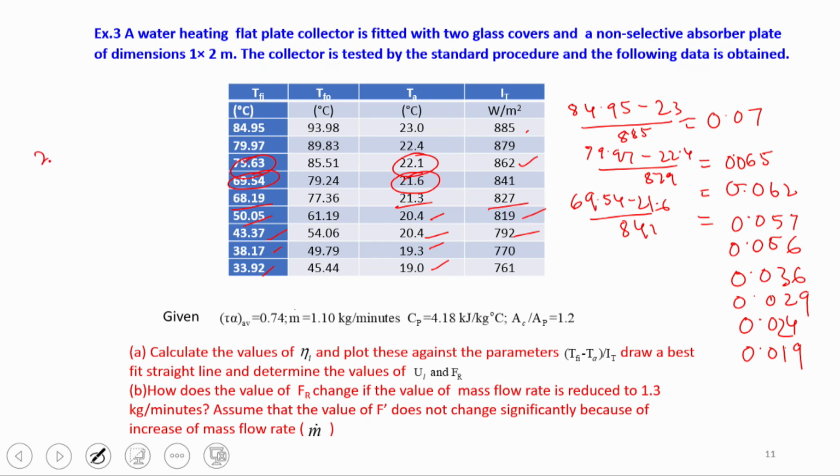What is the efficiency? Oh, again you need to do efficiency, right? This parameter is something like T F I minus T A by I T. And what is the efficiency term? M C P (T F O minus T F I).